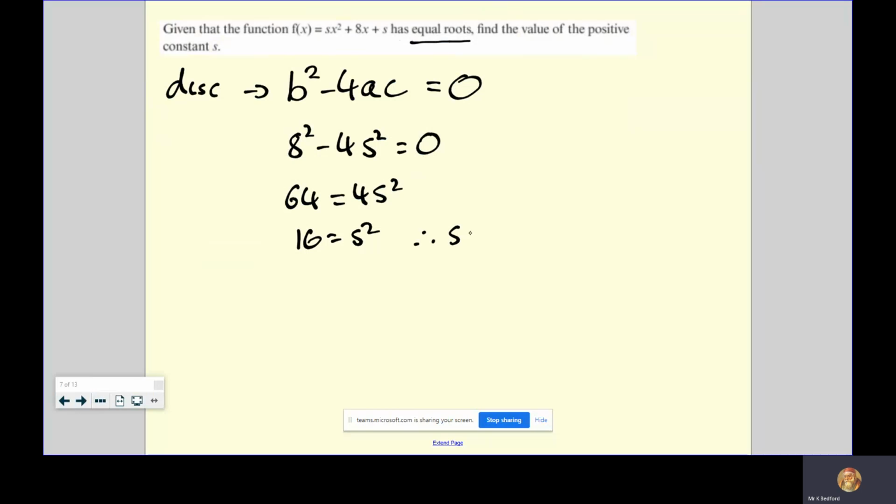So therefore my s is going to be equal to positive and negative 4. It says find the value of the positive constant s. So the positive one. So therefore, I'm going to write it out this time for once. s has to be equal to positive 4. So that would be our first question.